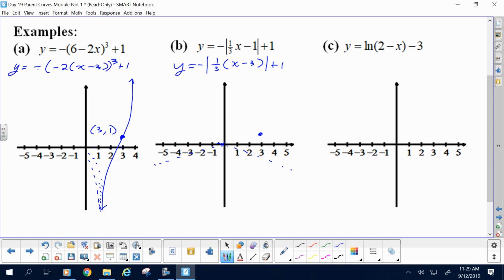So I've got a wide V shape with an essential point of 3, 1. You with me? It would be a doggone good checkpoint. What do you get when x is 0? Yeah, I agree. 0. So it seems like we've got it nailed.